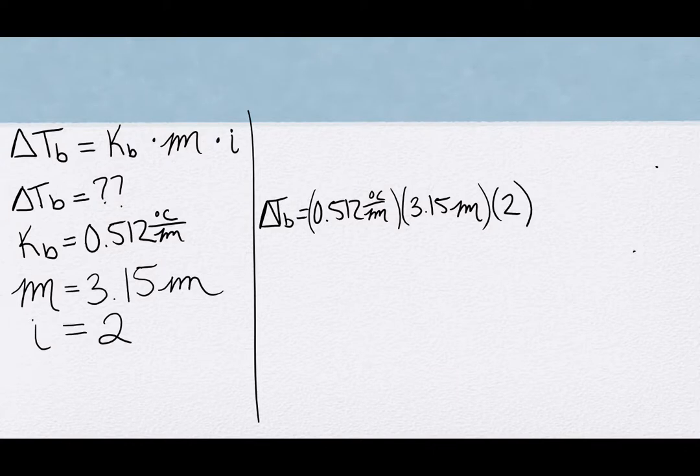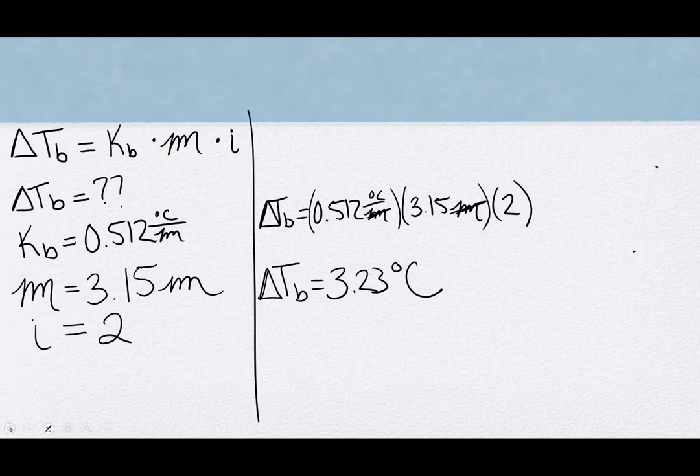Vant Hoff factor, again, is unitless, so that's not going to affect the units in our problem. Here, again, we see molality cancels out, so we're left with degrees Celsius. So the change in temperature of the boiling point is 0.512 times 3.15 times 2 equals 3.23 degrees Celsius.